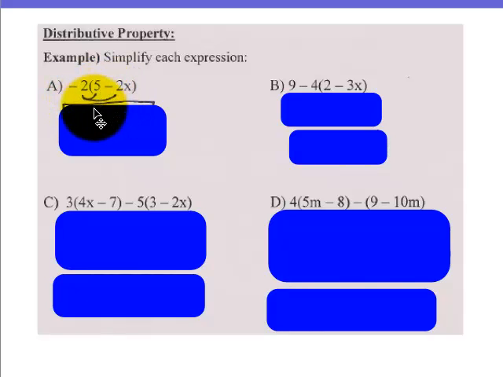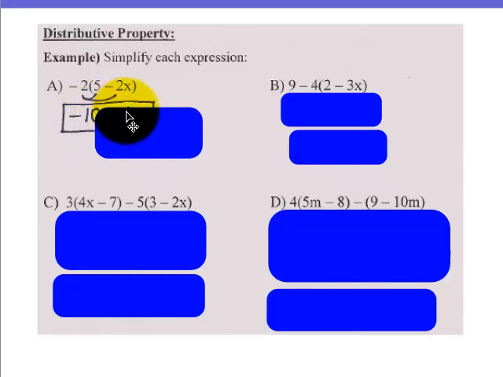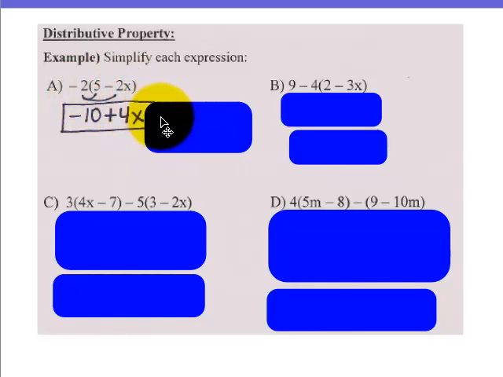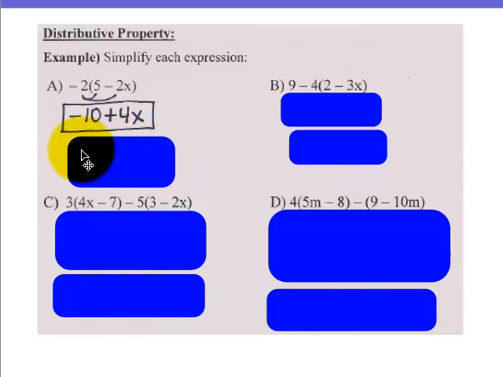So negative 2 times 5 is negative 10, and negative 2 times negative 2x, a negative times a negative is a positive, and 2 times 2x is 4x. So that's my answer right there. I cannot combine it, so I just leave it like that.